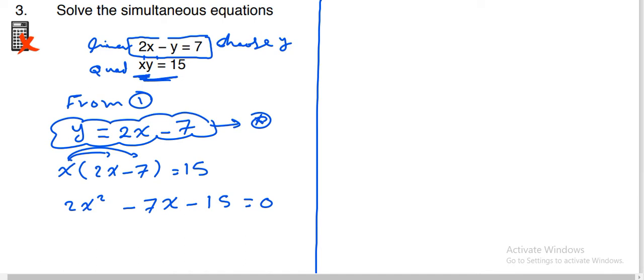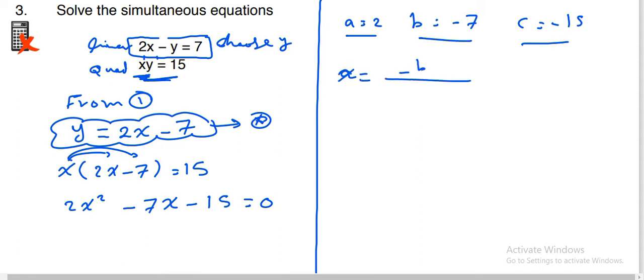Here we'll use the quadratic formula. a equals 2, b equals negative 7, c equals negative 15. We can use this method, the quadratic formula, which is x equals negative b plus or minus square root of b power 2 minus 4ac over 2a, or go directly to the calculator.